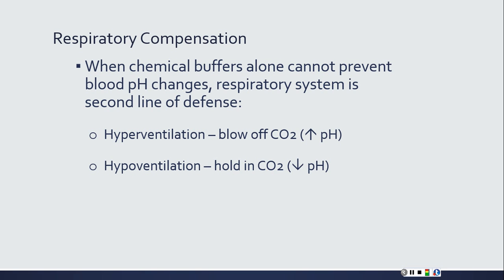How can we reduce the pH? Well, we're going to reduce the respiratory rate. The opposite. Does that make sense? I know I confused you with the first one, but you kind of picked it up, so that's good.